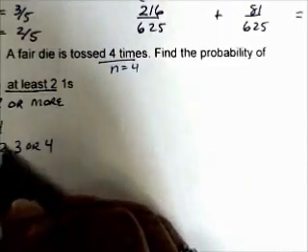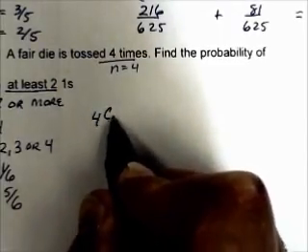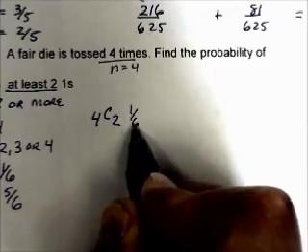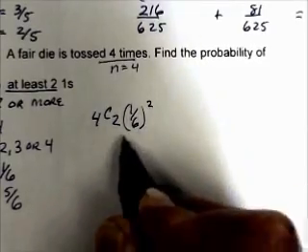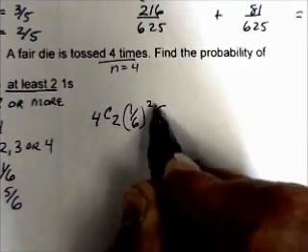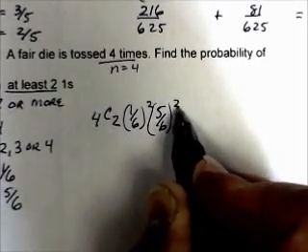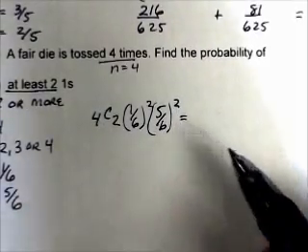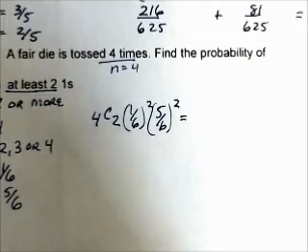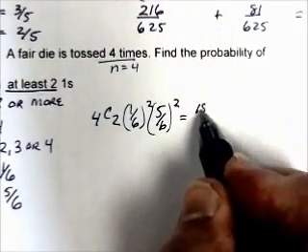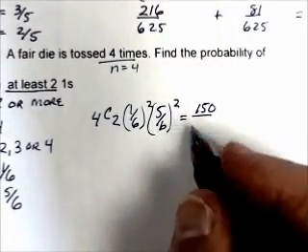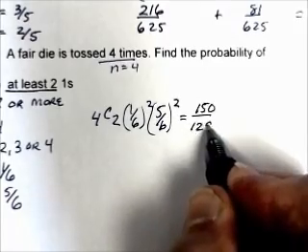So this is going to be 4 choose 2, p-value 1/6 to the second, q-value 5/6 to the 4 minus 2, which is 2. I'm going to save the time on the calculator, and this results in 150 over 1,296.